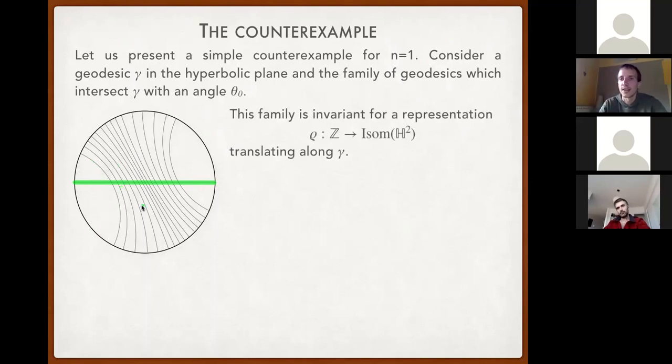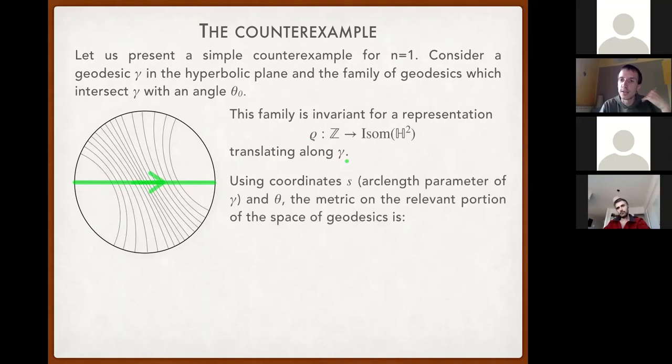This gives a curve in the space of oriented geodesics, and this family is invariant by a representation rho, which is basically translating in this direction. The family of geodesics is invariant by this representation because, of course, the angle is the same.